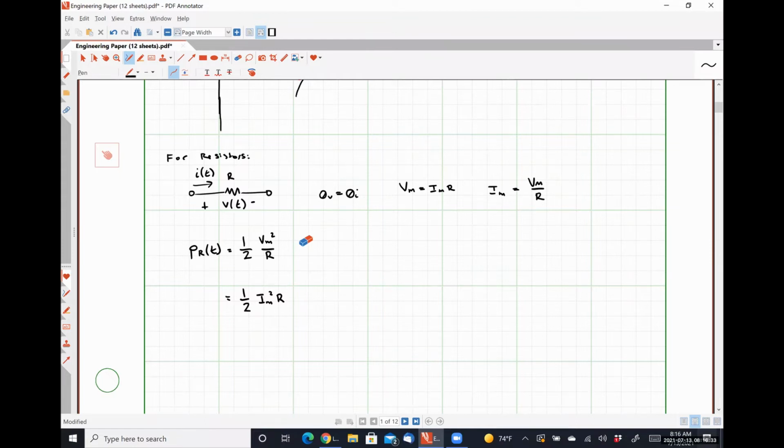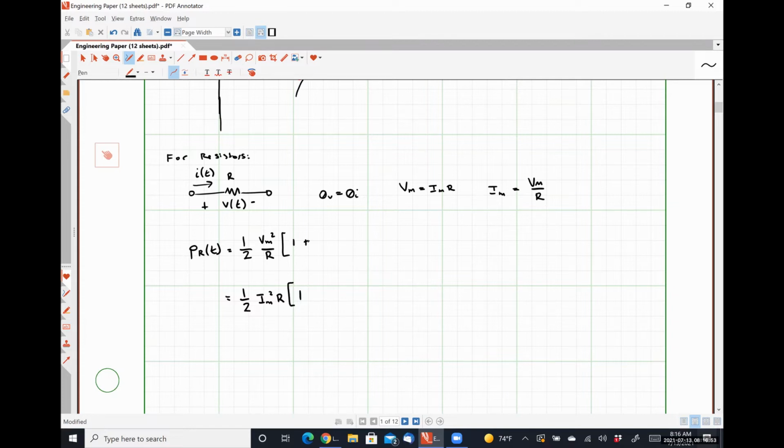So what is theta V minus theta I for a resistor? Yeah, so theta V minus theta I must be 0. So cosine of that is equal to 1. So that first term just looks like 1.